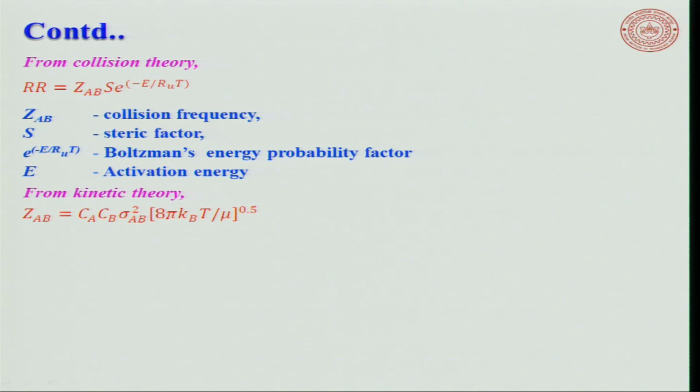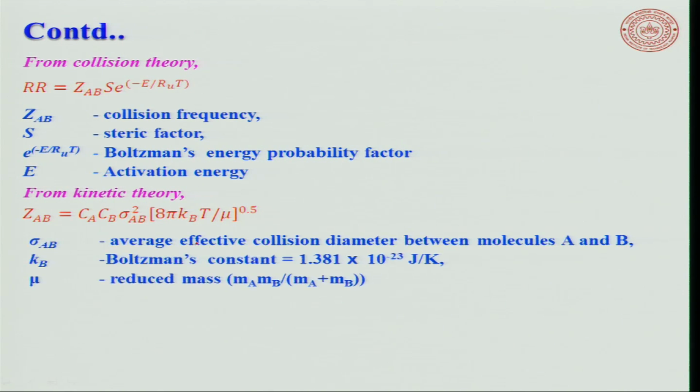And if you remember, there is the square root of 8 pi k_B T divided by mu, where k_B is the Boltzmann constant and mu is the reduced mass, that is M_A M_B divided by M_A plus M_B. This is the collision theory; I am not getting into detail, maybe you can refer to some books for that, and this is the mean velocity.